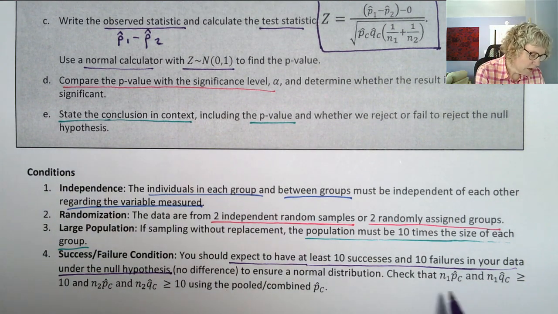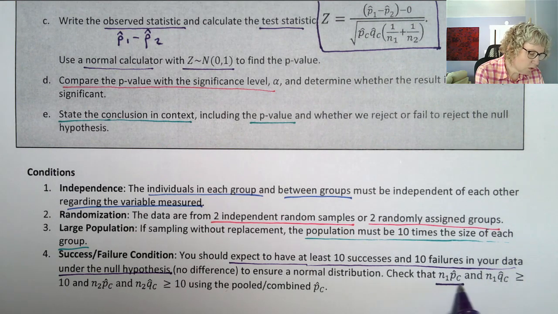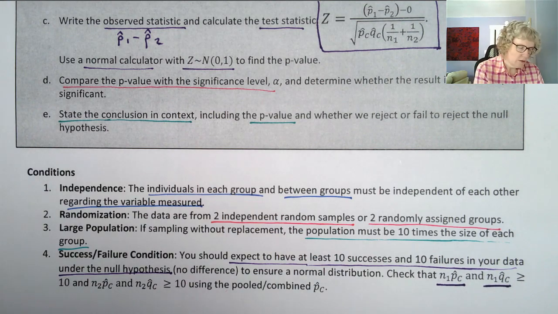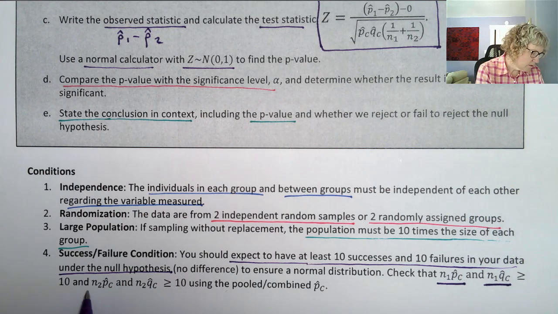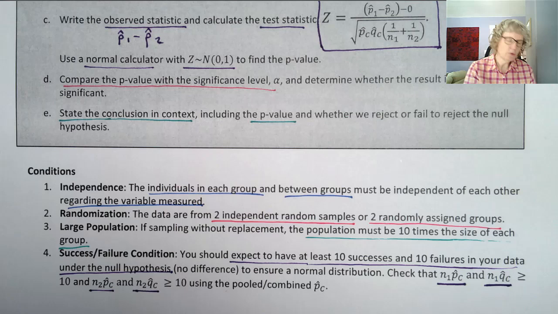So to check the success-failure condition, we're going to use the pooled P hat C. So n1 P hat C and n1 Q hat C both have to be greater than or equal to 10, and also with the second sample size. Now, if our 2 groups are equal, then there's just one, they're the same. But if you do have 2 different sample sizes, we've got to check for both sample sizes.